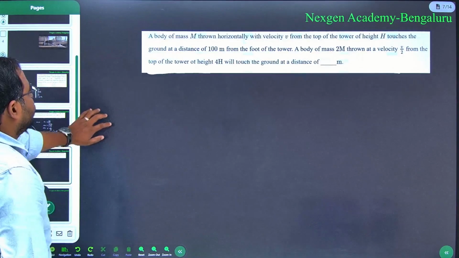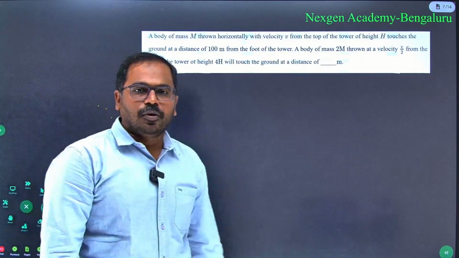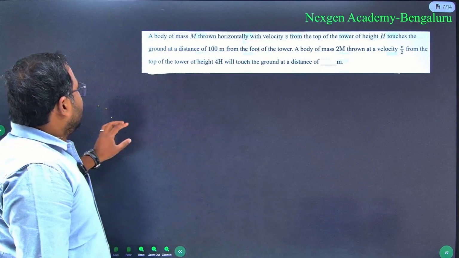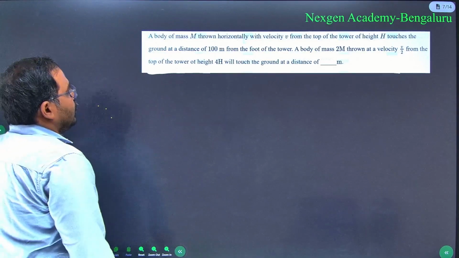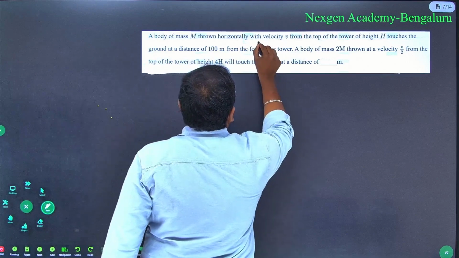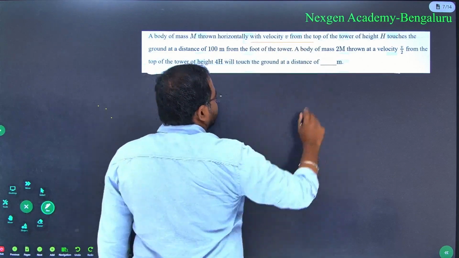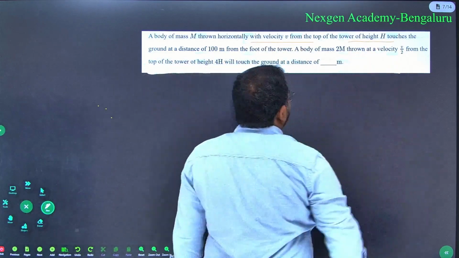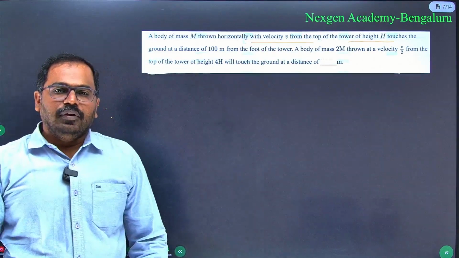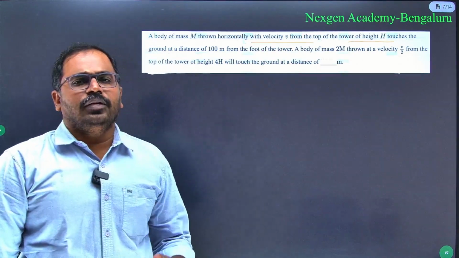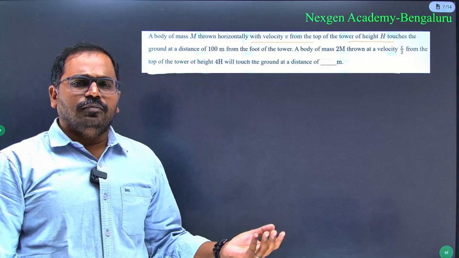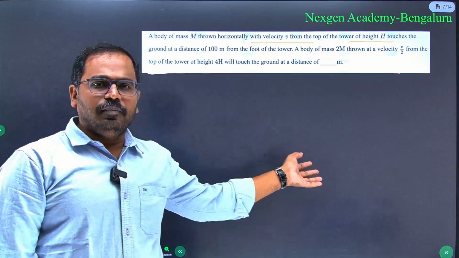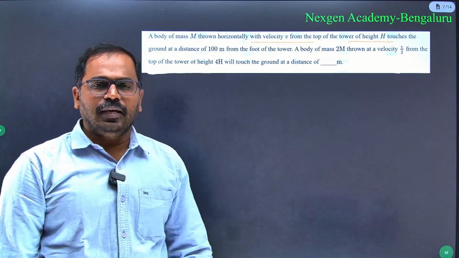Look at this question on horizontal projectile. A body of mass m thrown horizontally with velocity v from the top of a tower of height h. So here horizontal velocity is v and the height of the tower is equal to h. Mass of the body is also given, but all the properties are independent of mass, means velocity, time taken, right?